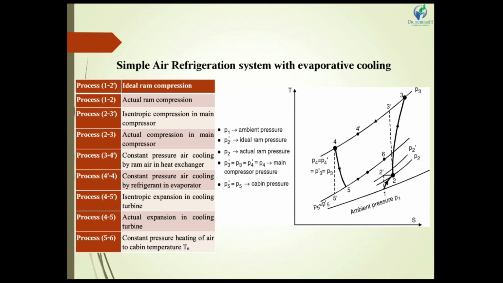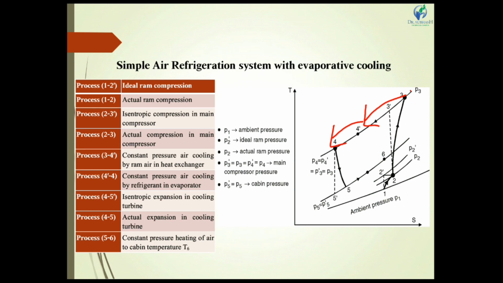Process 3 to 4 dash is the first heat exchanger process, where we remove the heat, and process 4 dash to 4 is the evaporator process, where we get the additional cooling.